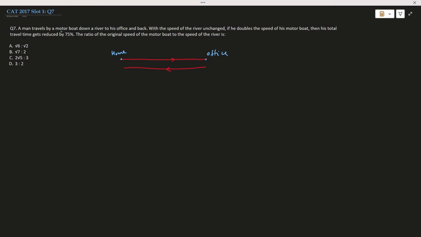So the man is traveling by a motorboat down a river to his office. Let's say downstream is this side, which means this is upstream.